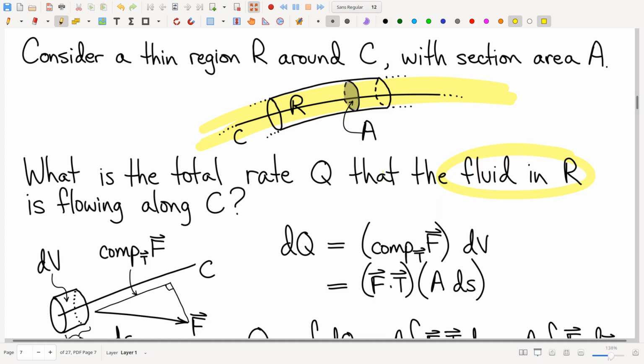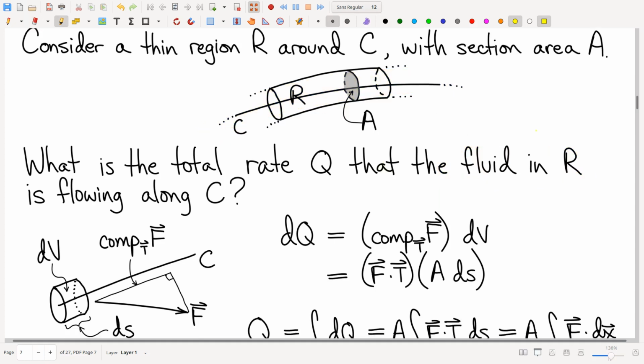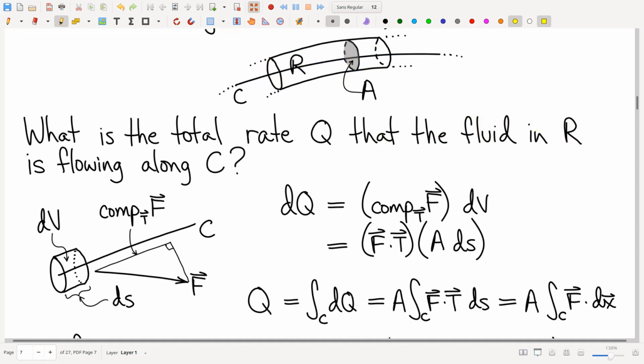All right, so, no big deal as it turns out. Here's a little piece of fluid. That little piece of fluid has volume dV. If it is flowing with a certain velocity, well, I don't really care about the actual velocity. I just want to know to what extent it is flowing along the curve.